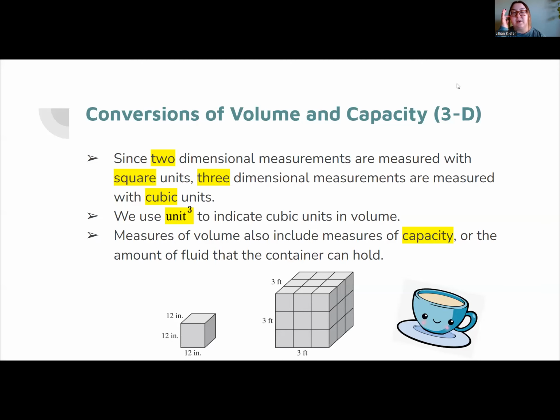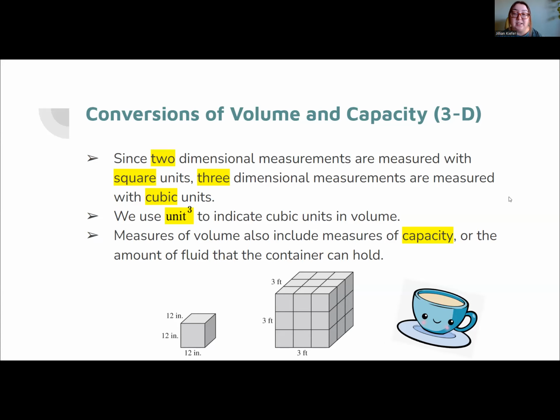All right, so we had some measuring in 2D, conversions in 2D. So now we get to go on to conversions in 3D. So this would be conversions of volume and capacity. We see since 2-dimensional measurements are measured with square units, 3-dimensional measurements are measured with cubic units. So a square is the 2D version of a cube.